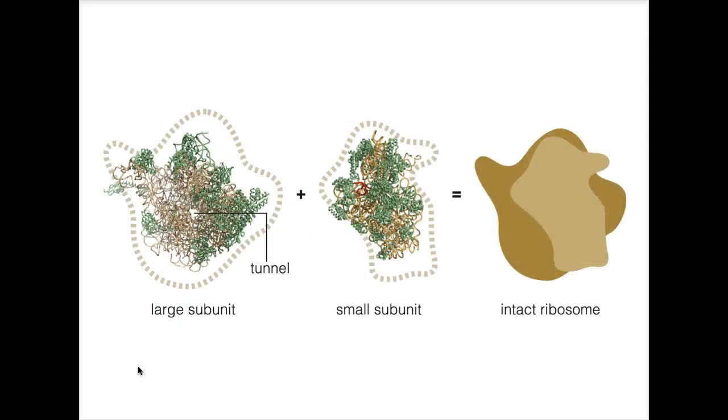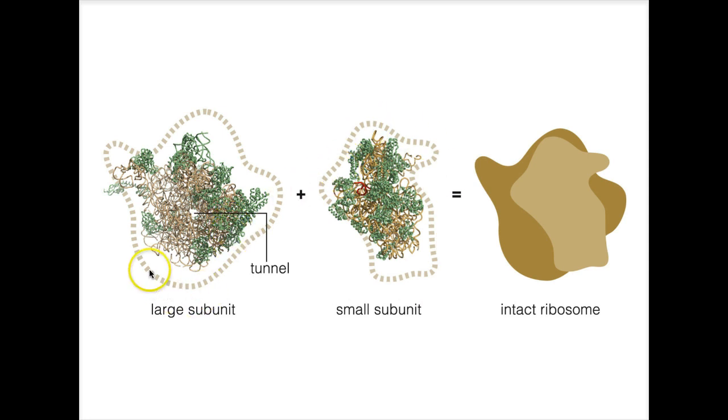The instrument of reading a message is a ribosome. And a ribosome is made up of 2 subunits or 2 parts, a large subunit and a small subunit.